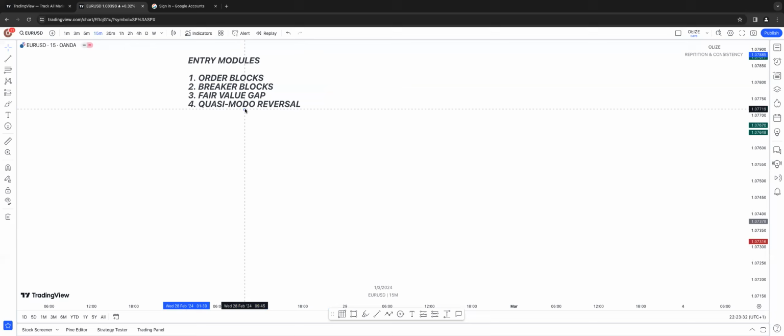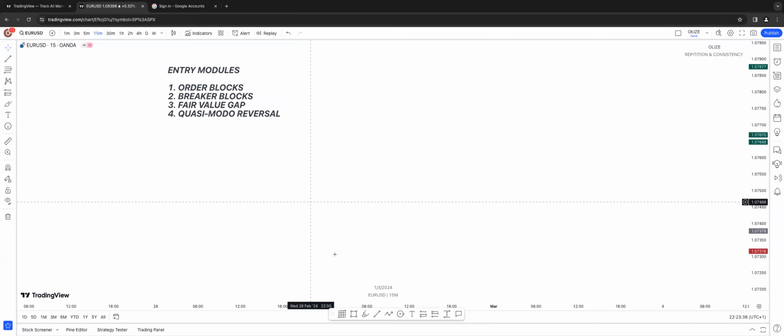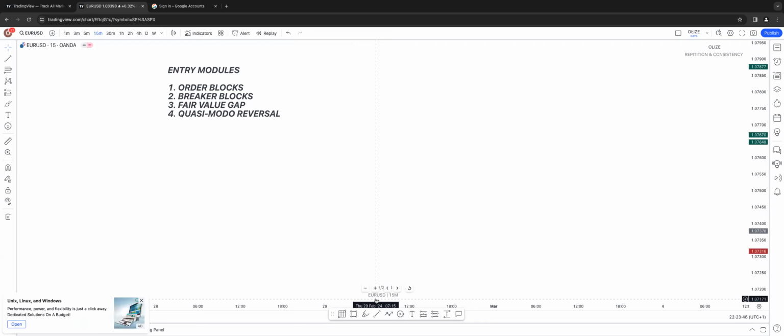Okay, so these are basically the four entry models we're going to be looking at. Starting with the first one, the order block. I'm sure we must have heard about order blocks from a friend or different sources.